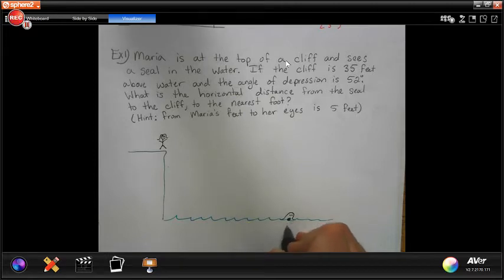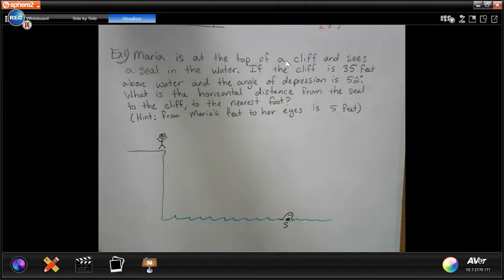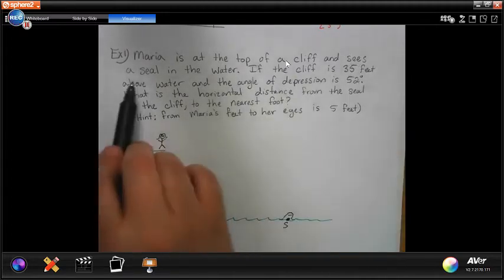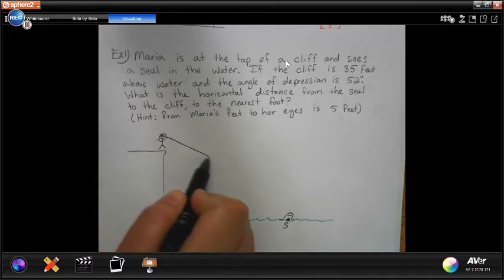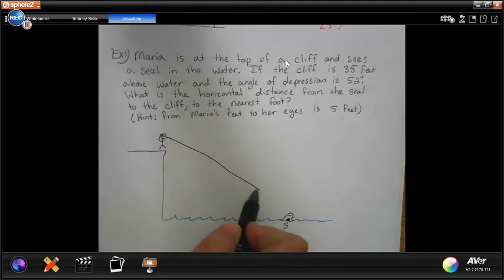I'm just going to put a point and put S because I'm horrible at drawing seals. Okay, so there is the seal in the water. Maria is looking at it. It looks like this seal has an open mouth, but it's just a dot. So Maria sees a seal in the water, so from her eyes to the seal, there we go.